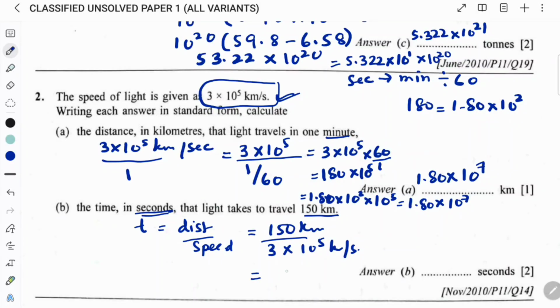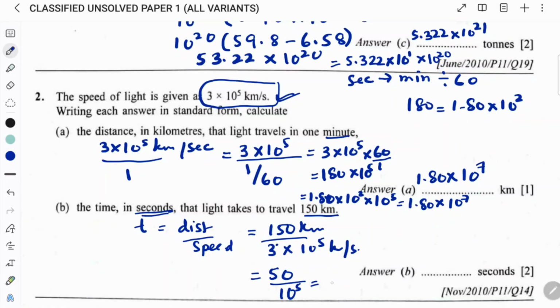3 times 5 is 15. Okay, so what do we do? We just divide it. So in division we divide the numbers and subtract the powers. Okay, so this is 50 upon 10 to the power 5.